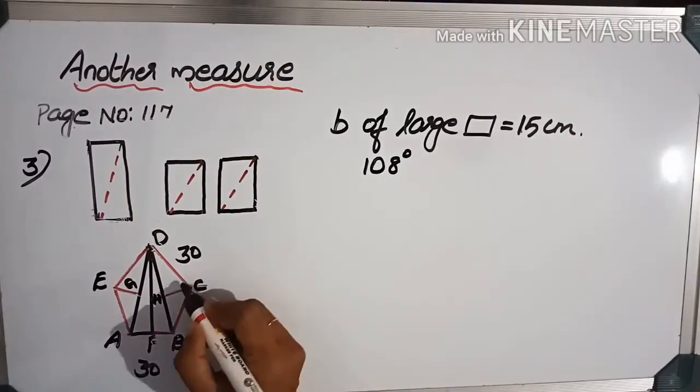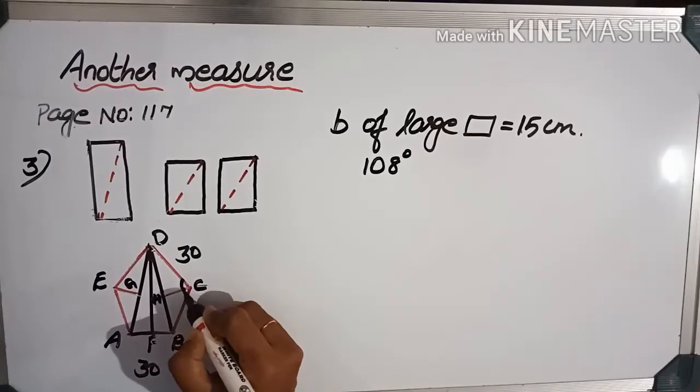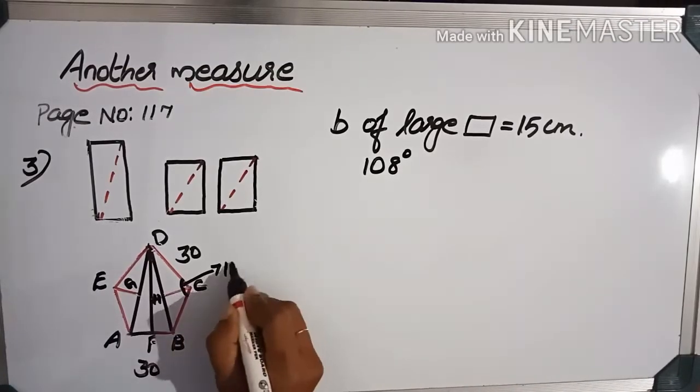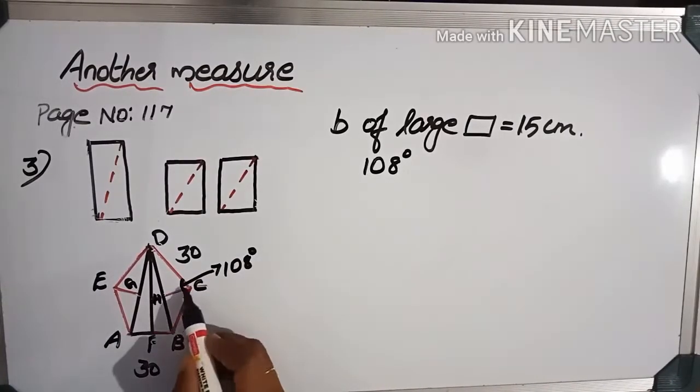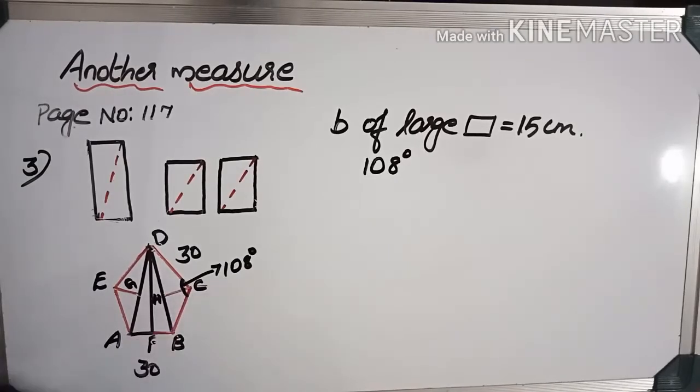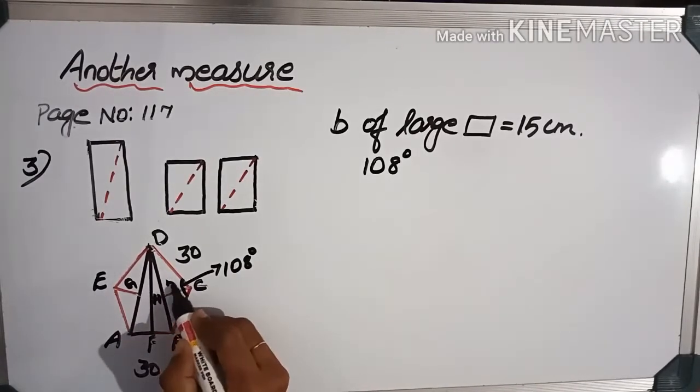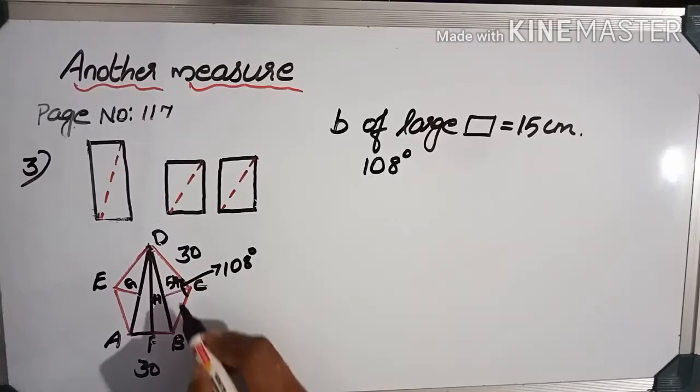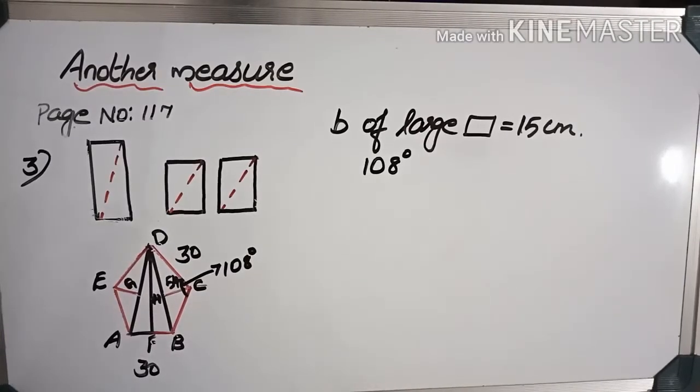That means this complete angle is 108 degree, which is divided into two equal halves, so one will be 54 and the next will also be 54. Here also the total angle B will be the same 108 degree.